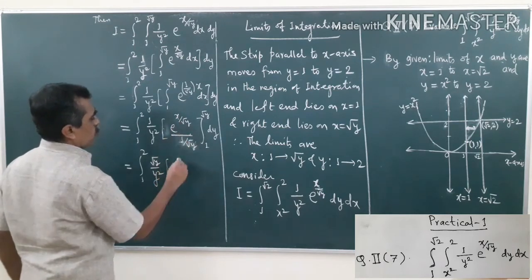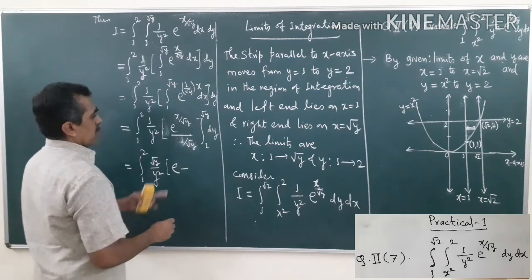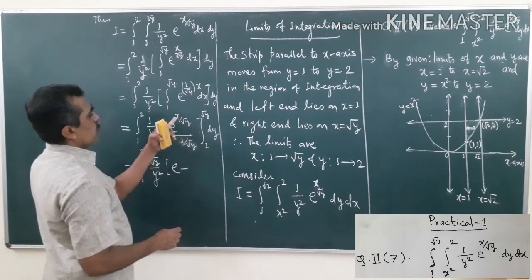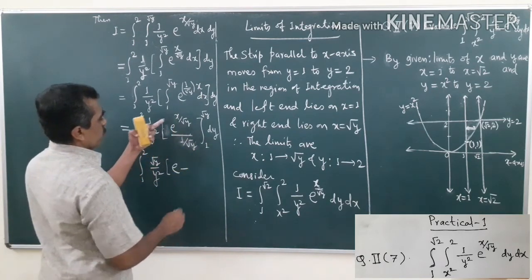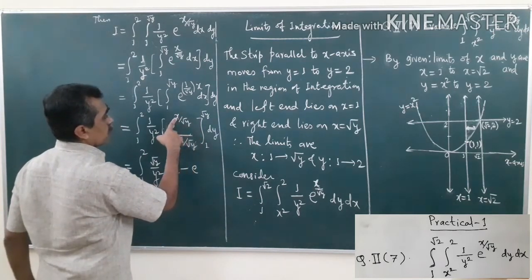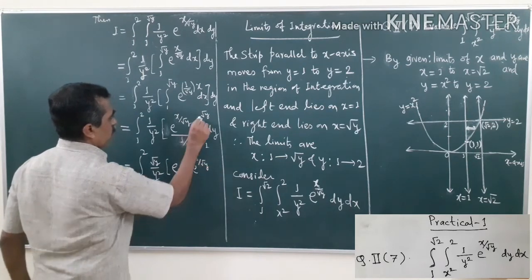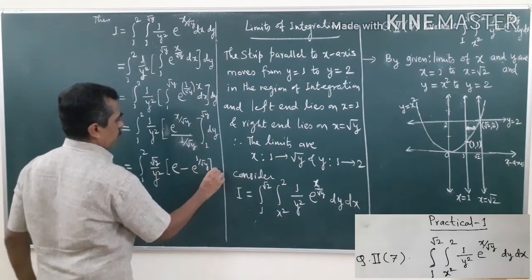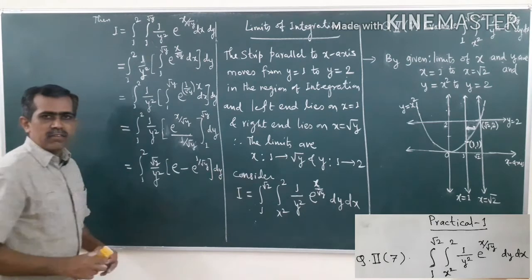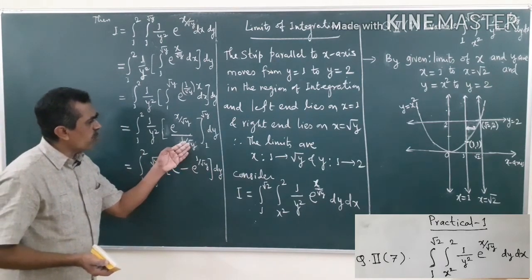So, root y by root y e raised to 1, minus, now put x as 1, as we are putting limits of x. So, this is 1 upon root y because x is 1, and with respect to y. Is it clear to everybody? Root y is constant with respect to x.